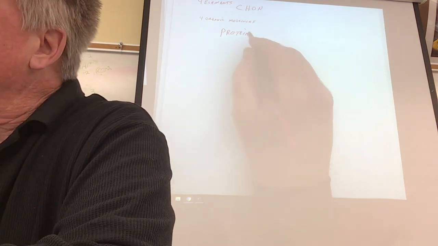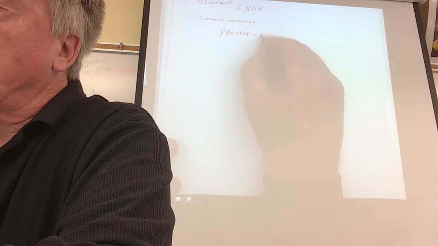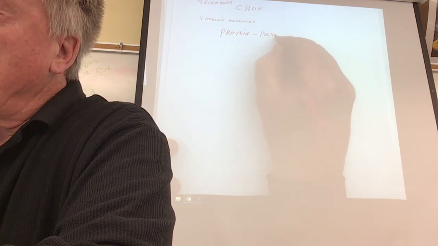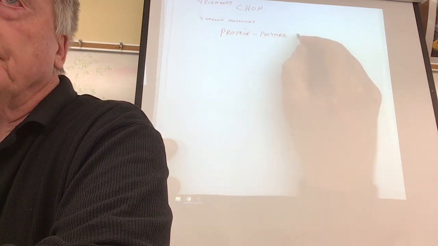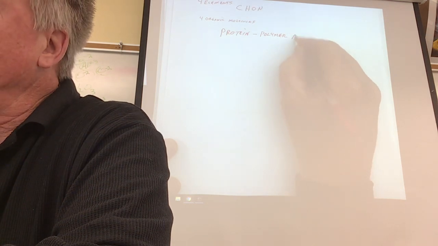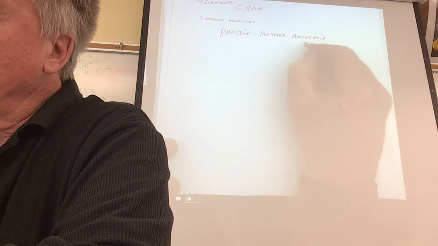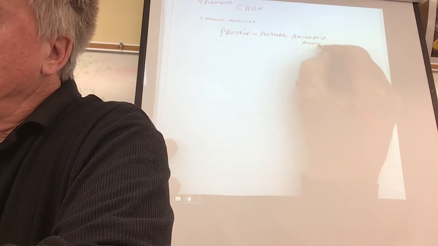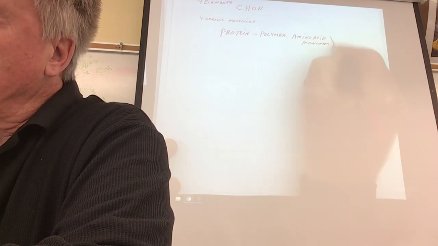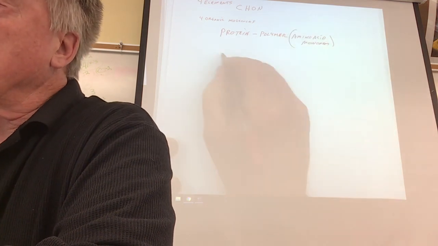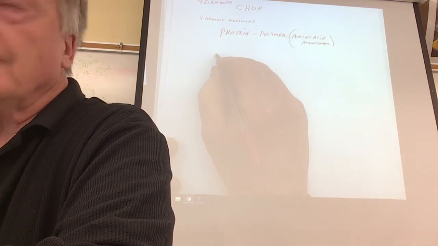Now, proteins, and we know proteins are definitely a polymer. What is the monomer? Amino acids. We're going to talk about that a little bit today. And what is another one? That's right.